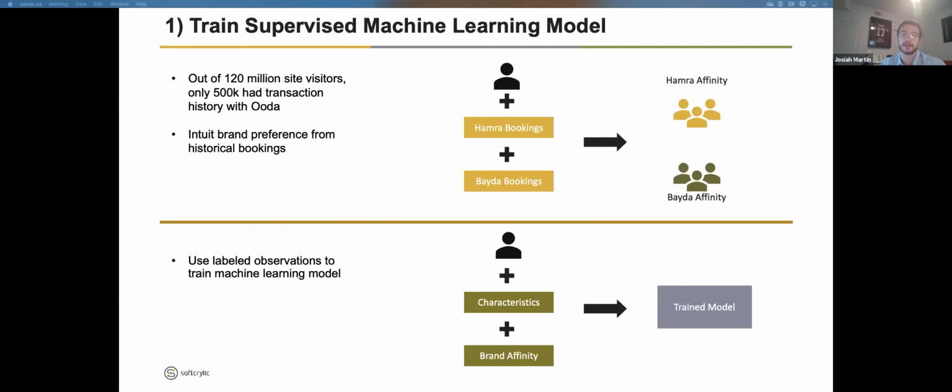Secondly, we need to use the labeled data that we're going to get in order to train a supervised machine learning model, right? Which is going to allow us to discover those preferences for the remaining 119 plus million site visitors.